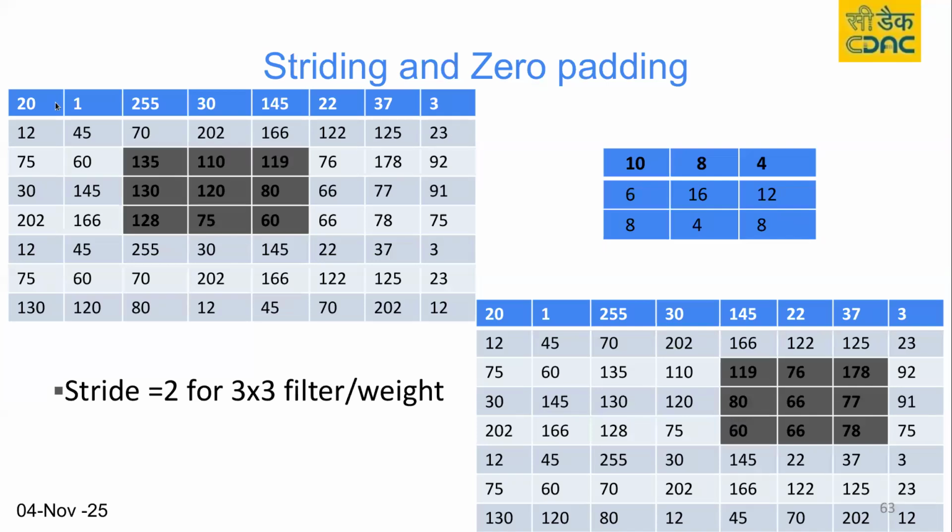So first I'll perform the convolution operation on this 3 cross 3, then on this 3 cross 3. So that's the idea. Stride tells how many columns to skip in the convolution operation, and zero padding is a concept where I can append zeros to all four borders of the input matrix. This is done in order to do a convolution like this.